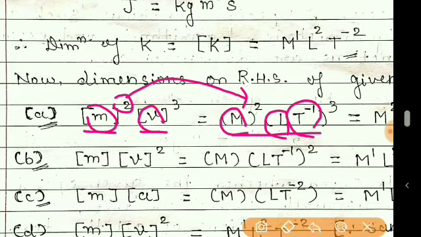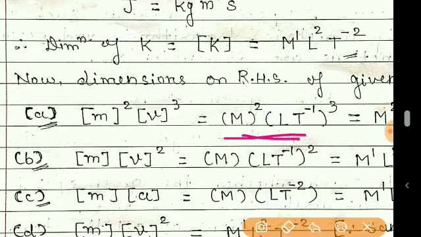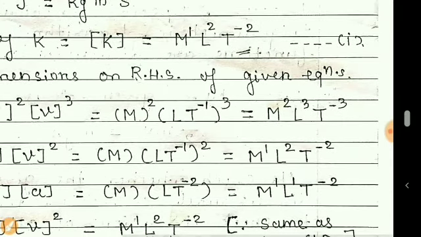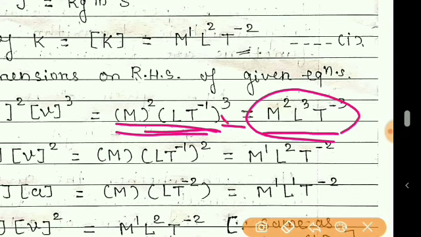Upon means T raised to minus 1, and as there is cube, here we have written this cube, and then combining these two, finally we will get the dimension as M raised to 2 L cube T raised to minus 3. You can easily get this result from this.